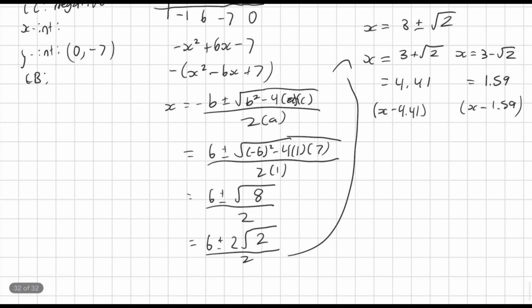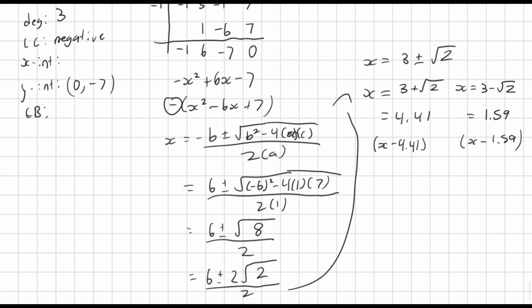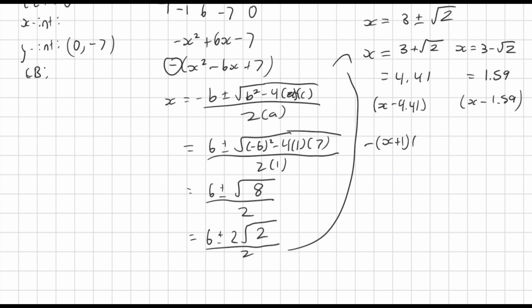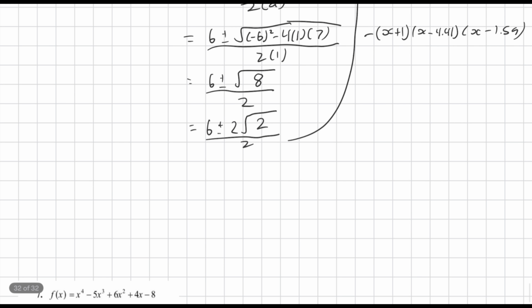Overall, the equation is going to be, we have to remember that we took this negative out. So we have to do negative times this original factor times x -4.41 times x -1.59. So that's basically what your equation is going to look like.